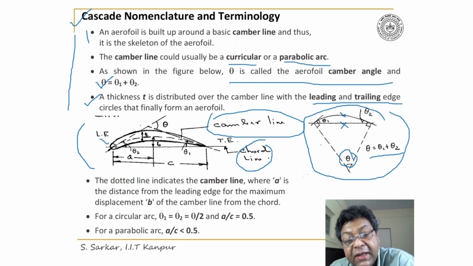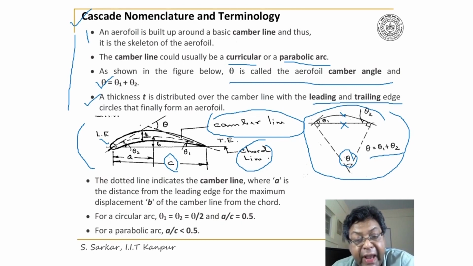Let's finally make the aerofoil. Now leading edge and trailing edge circle are the two small circles. And the chord is the distance between the leading edge circle center and the trailing edge circle center. That is why chord is the approximate length of the aerofoil.